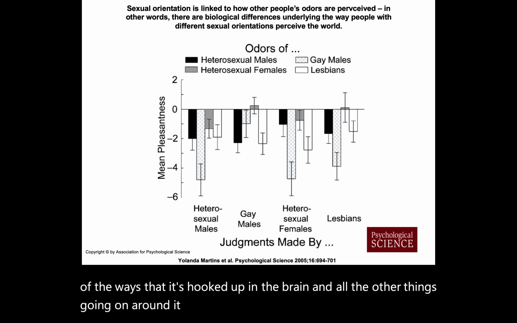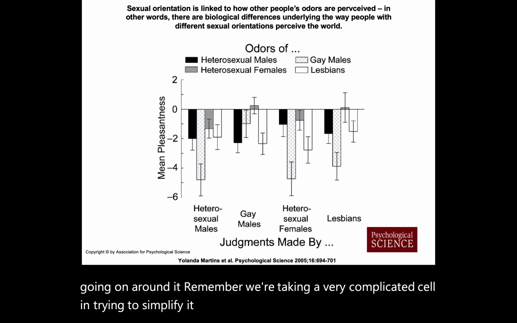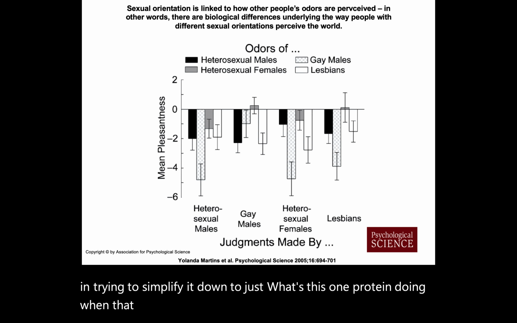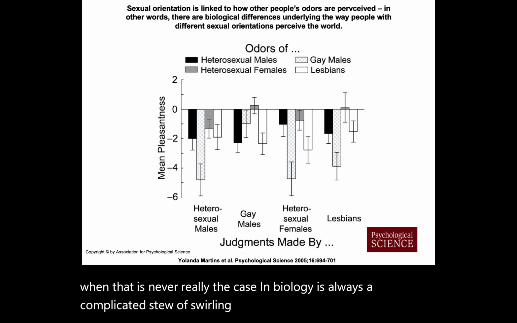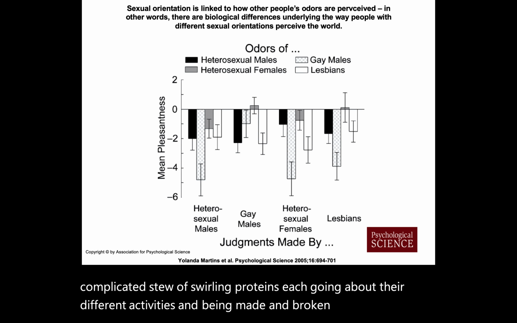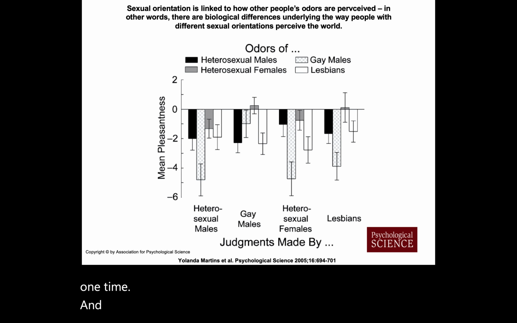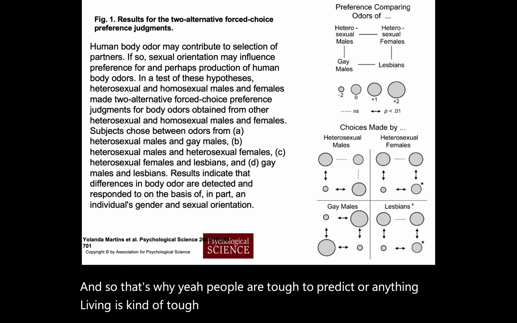Remember, we're taking a very complicated cell and trying to simplify it down to just, what's this one protein doing? When that is never really the case in biology. It's always a complicated stew of swirling proteins, each going about their different activities and being made and broken down at any one time. And so that's why people are tough to predict, or anything living is kind of tough to predict.